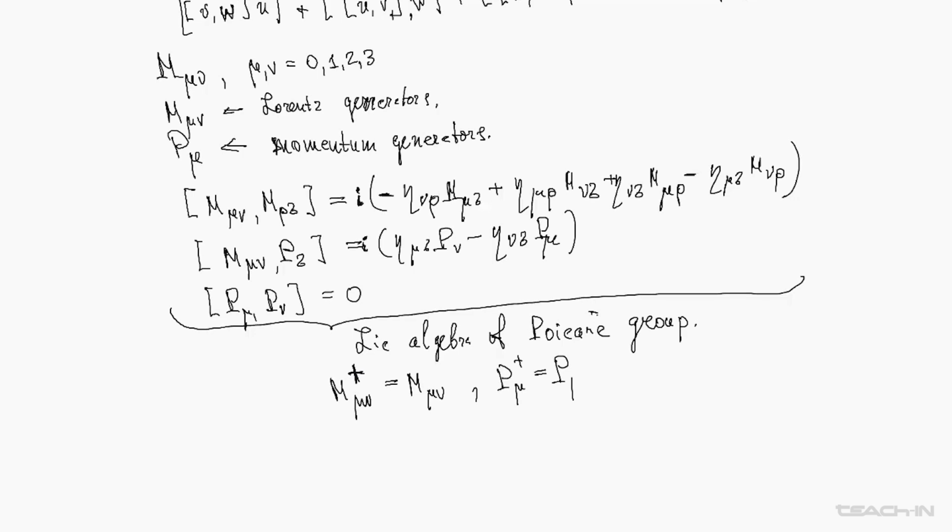These generators will then be explicitly realized on a certain space called the Fock space. We will come to the discussion of the Fock space a little later, but you have to keep in mind that this is the scheme which we want to achieve in quantum field theory. We want to find and realize unitary representations of the Poincare group.